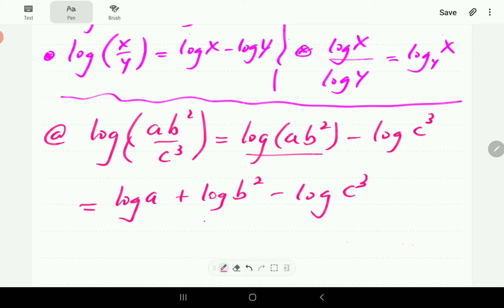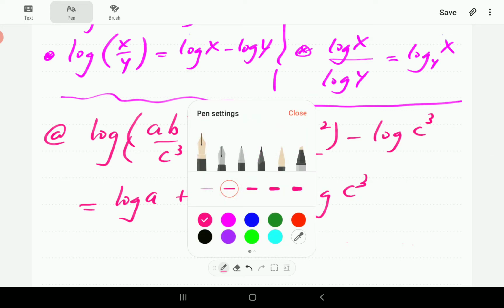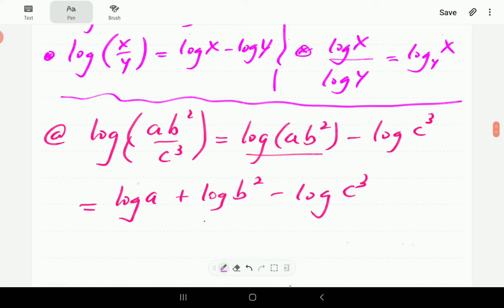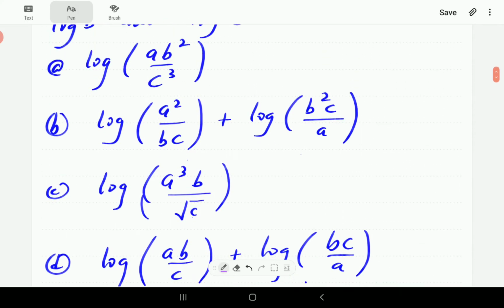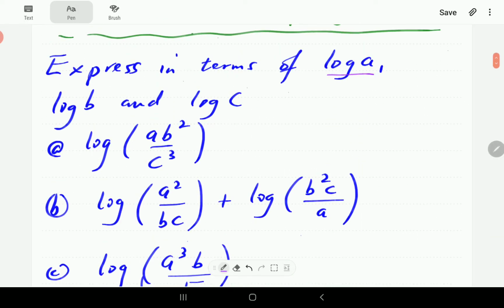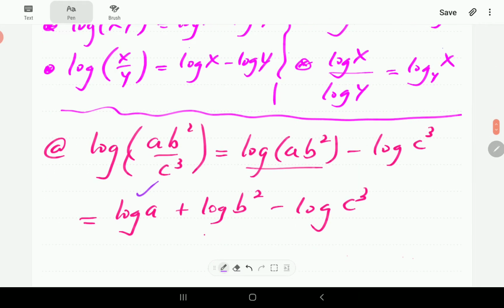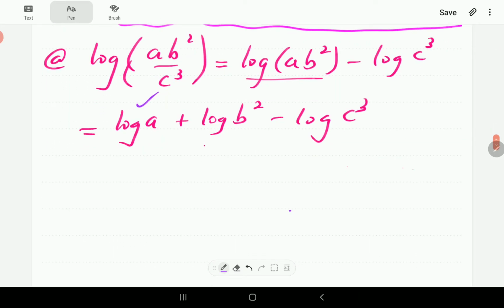As far as what the question is looking for, you can see that the first term is already okay because it's in terms of log a, but the second two terms we still need to work through. This one is the log of b to a power.